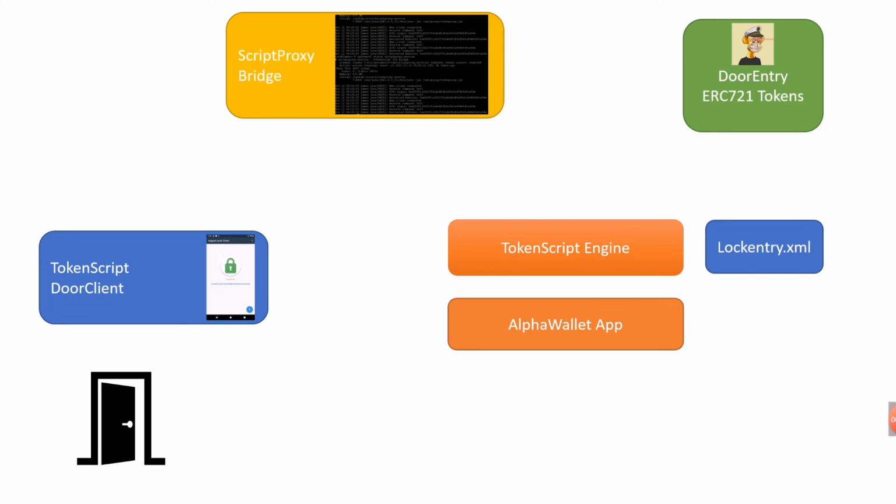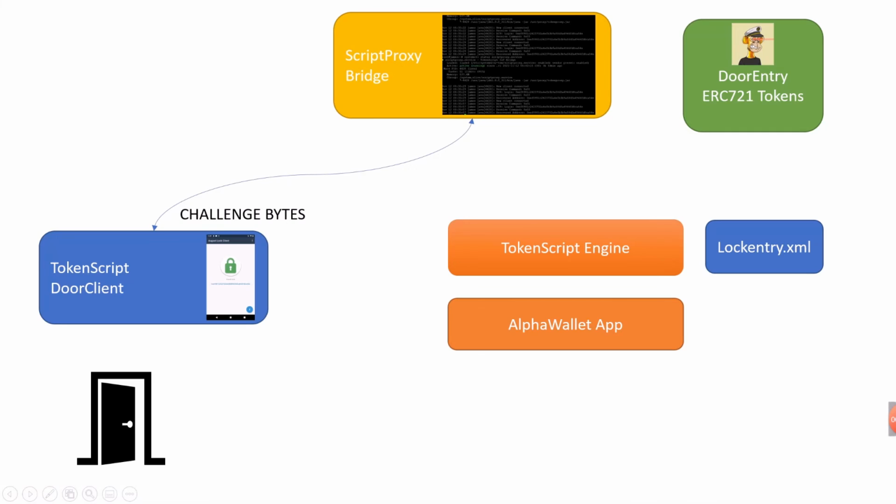So finally, here's what's happening behind the scenes. The first thing we have, when this TokenScript door client first opens, it creates its own private key. Once it's got that private key, on opening, it will then try and connect itself to the TokenScript bridge. As it logs into the TokenScript bridge, that will then send back some challenge bytes.